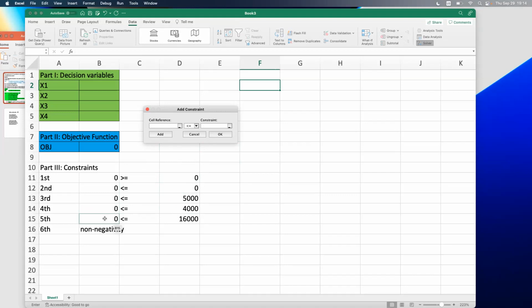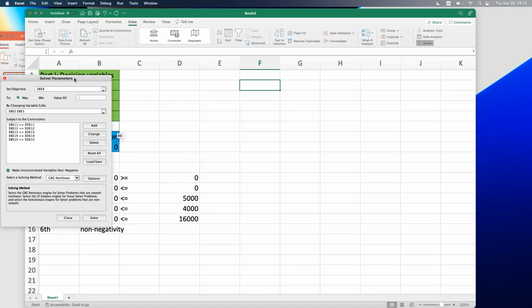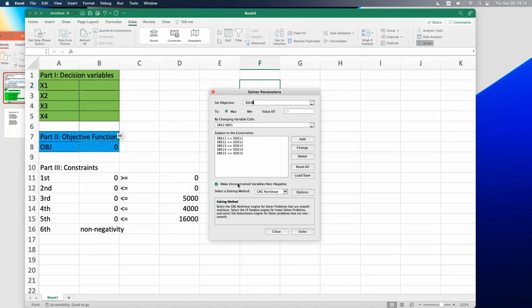And the fifth constraint is less than or equal to 16,000. And we got this last constraint. Solver provides a very convenient choice. You can check to make all the unconstrained variables non-negative. You can simply do that by checking this.